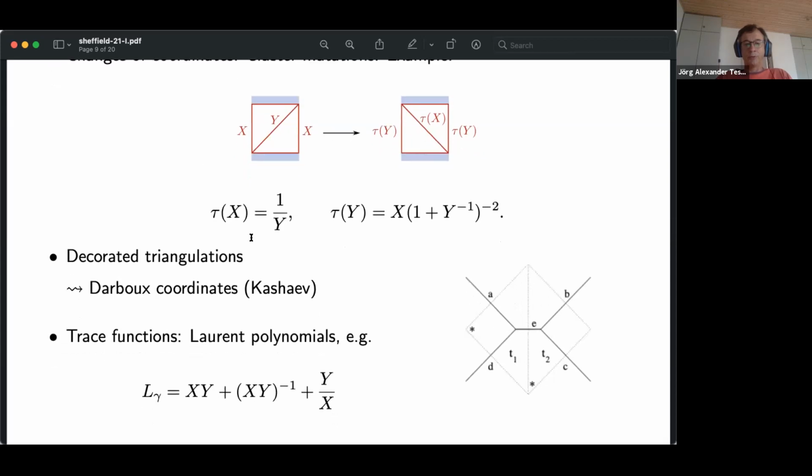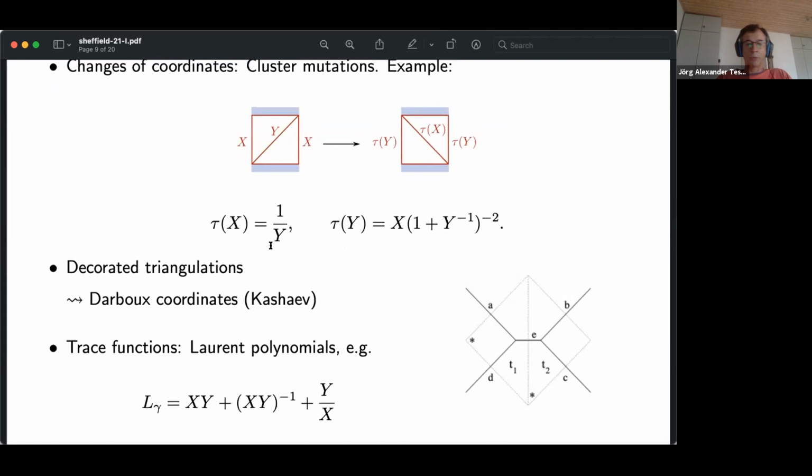What is important for the following is that if you change the triangulation, it will induce a change of the coordinates. In one of the simplest possible situations that you can imagine, this here is meant to be a part of our triangulation, where we have a coordinate x associated to this side, a coordinate y to this side.